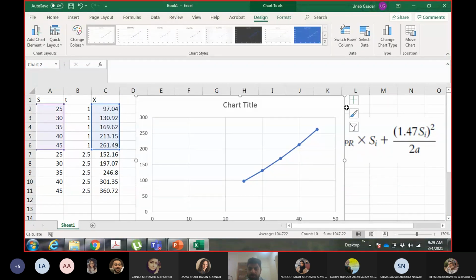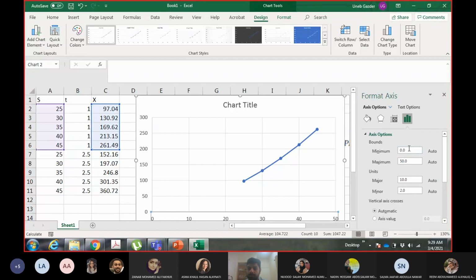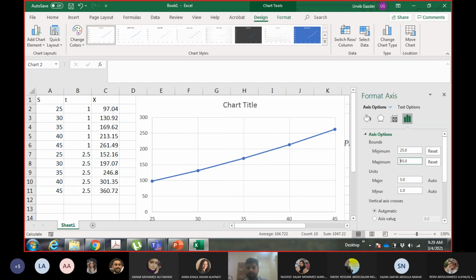So this is the chart according to speed now. And then let me add the other one as well.